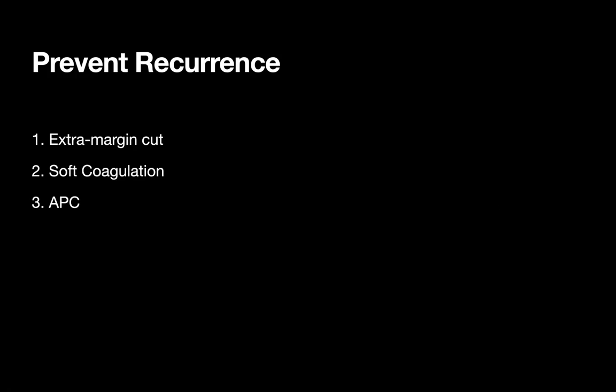But if there is some uncertainty, we do apply APC in the Netherlands, just in case I'm not sure there is residual adenoma. For the rest, if there is residual tissue which can still be injected and resected, I would prefer to resect it instead of applying the APC.